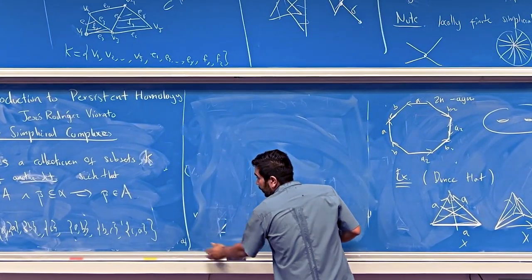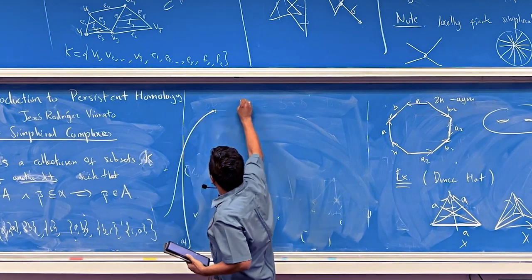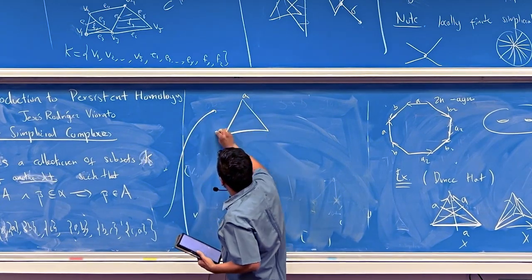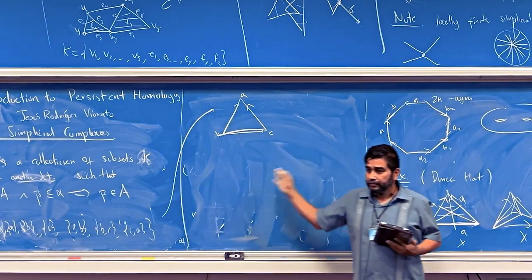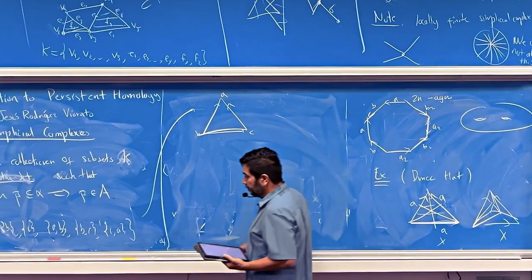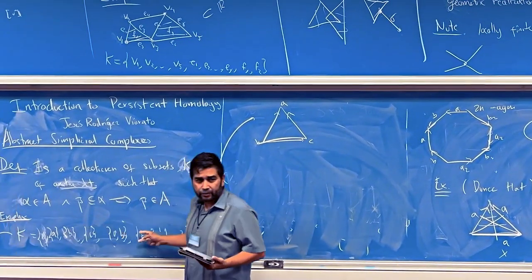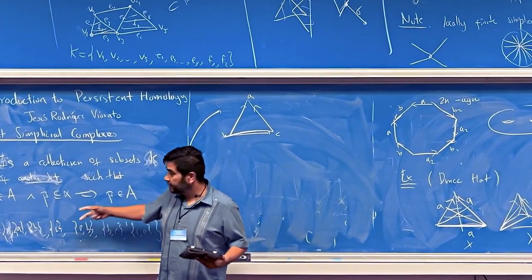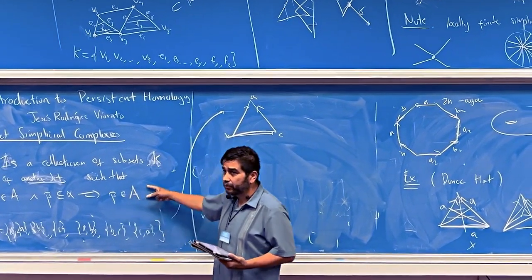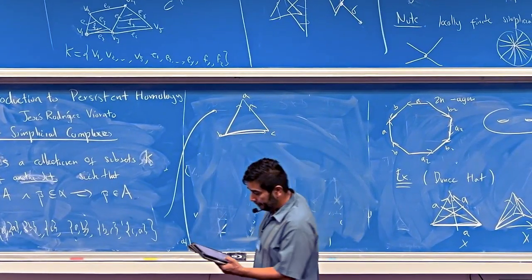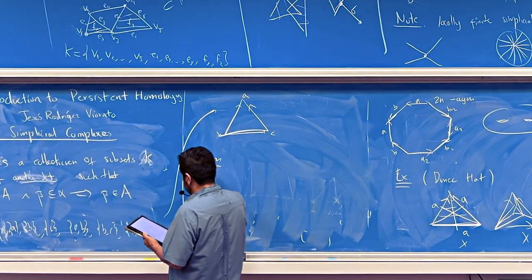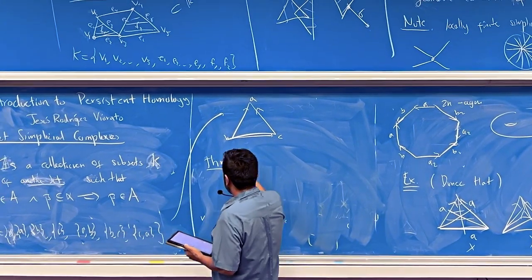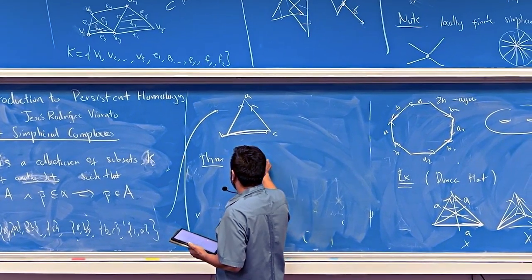For example, this one can be realized as a triangle, right? We have here A, B, and C, the edges of a triangle. So once we have a collection of vertices, a set of sets satisfying this condition, we can construct a simplicial complex. And this is a theorem. This is the geometric realization theorem.